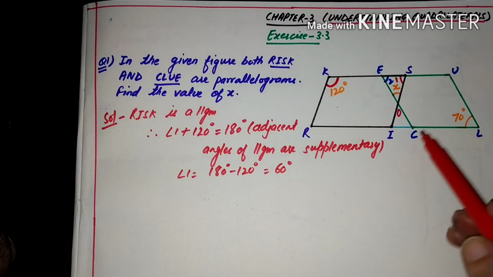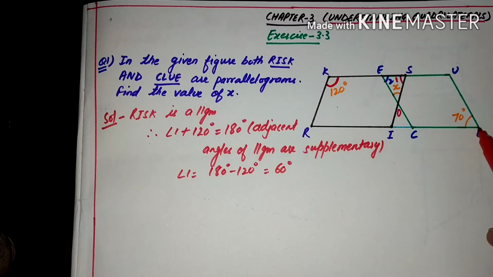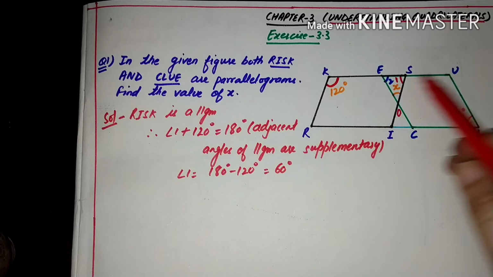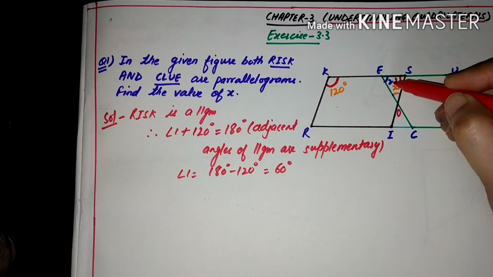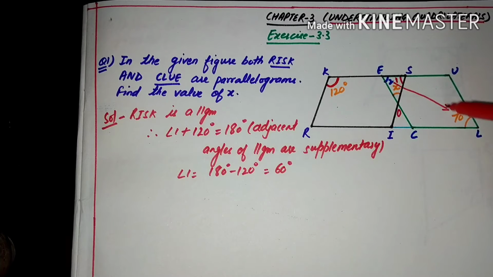Now the next parallelogram is CLUE. In CLUE you can observe angle 2 and this angle L, they are forming the opposite pair of angles.